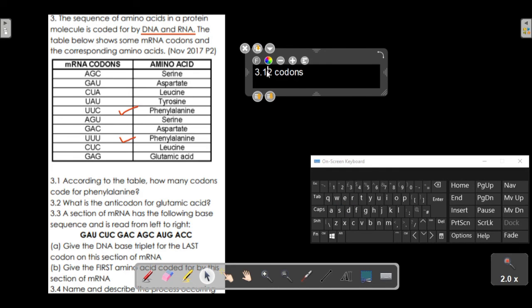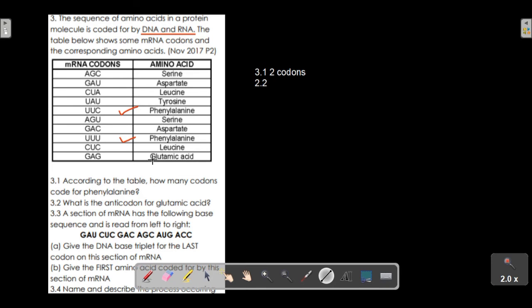Let's move on to the second question. The second question is 3.2, and it says, what is the anticodon for glutamic acid? Where's glutamic acid? There it is. So we're looking for the anticodon for this. Because this is GAG, the anticodon of this would be CUC.